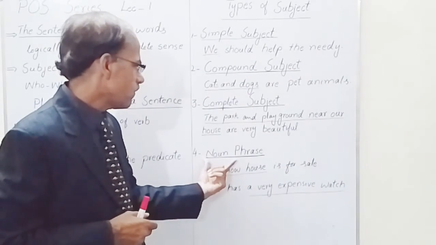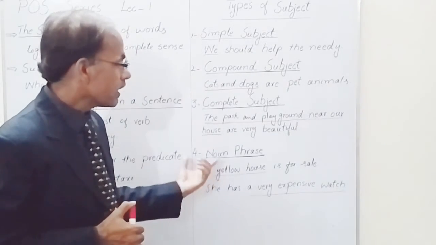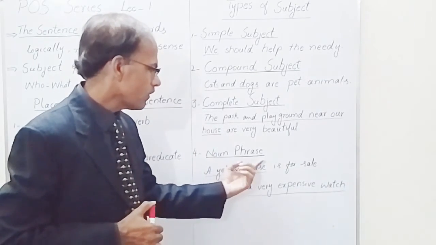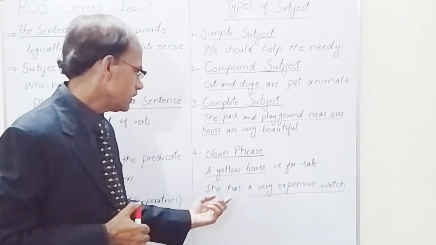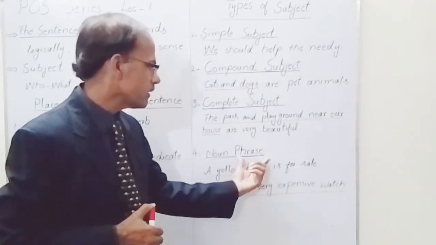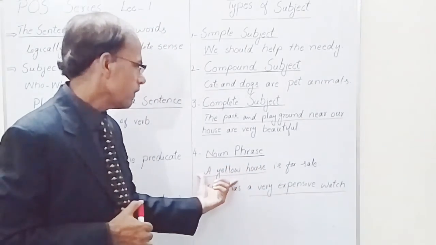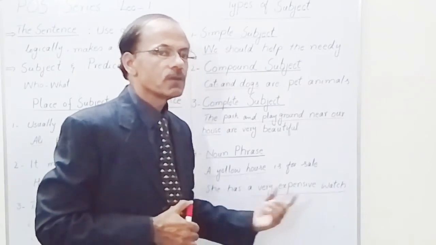In the shape of a phrase, it may come as the subject of a verb or an object of a verb. You may say its place can be at the very beginning or at the end of the sentence.